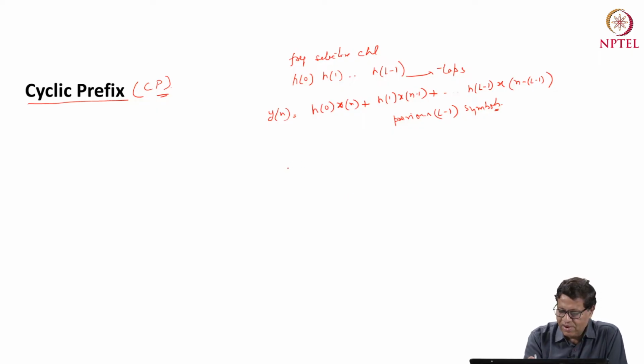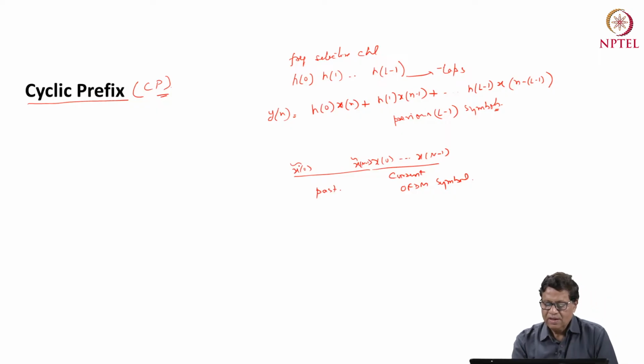Or if you have two OFDM symbols, say this is your current OFDM symbol, with samples x0, so on and so forth, x[N minus 1], and this is the past symbol, with x[N minus 1] through x0.